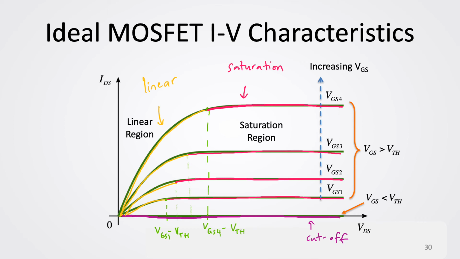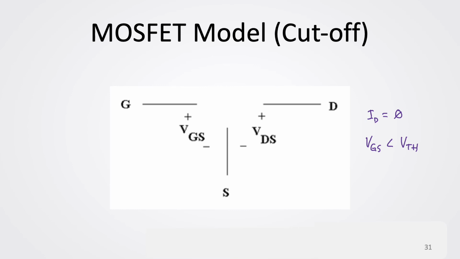Sa linear region dito, lalo na pag masyadong maliit yung VDS, para siyang resistor. Kasi, meron ka lang line relating the current to the voltage, and that line crosses the origin. Whereas in saturation, it's as if meron kang constant current. Okay? Therefore, if that's the case, then we have the following models for the different regions of operation.